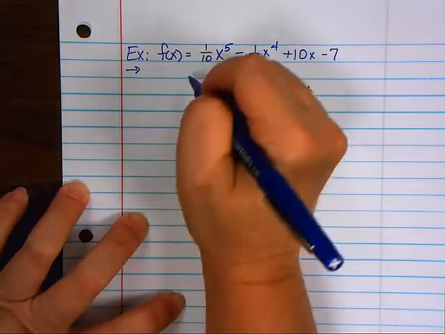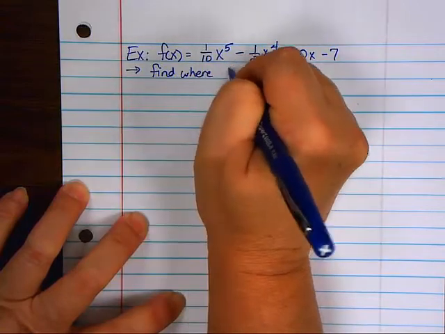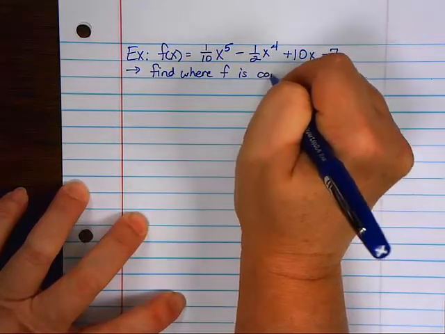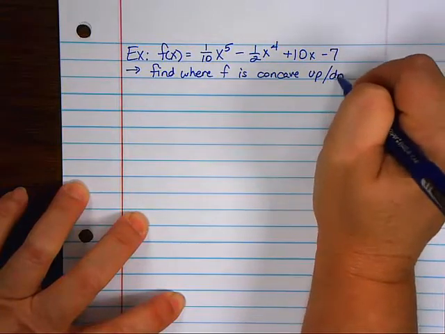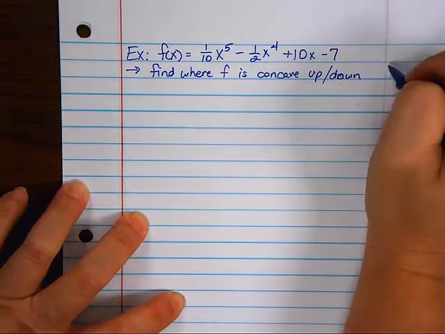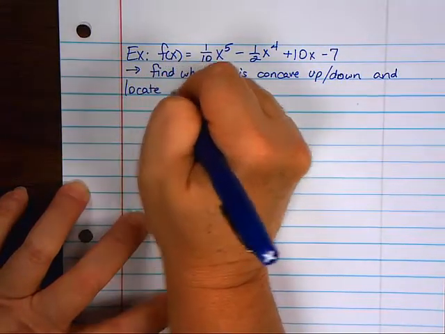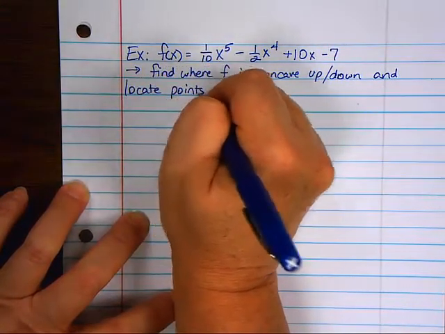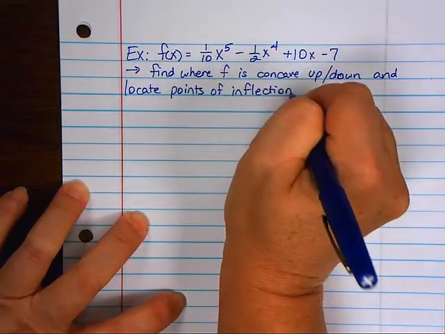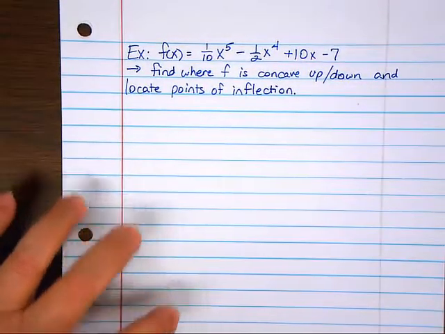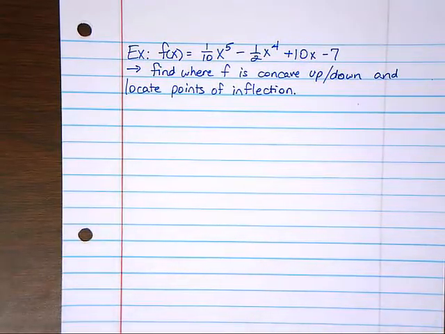The directions say find where F is concave up and down and locate points of inflection.